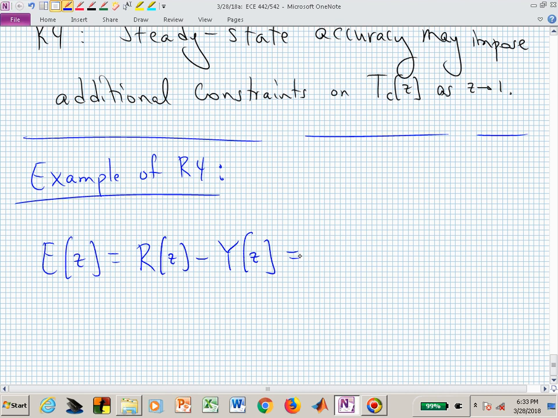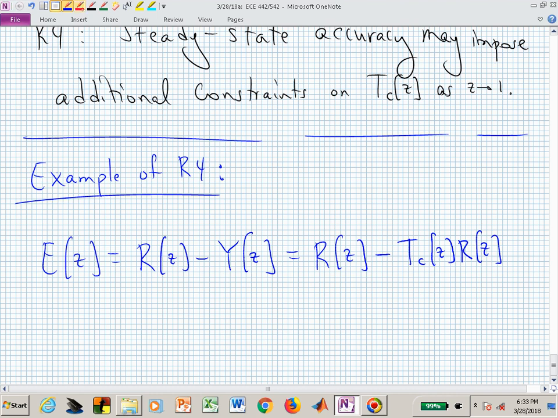But what is Y of z in terms of R of z? What's the output in terms of the input? It's the desired closed loop transfer function times R of z.